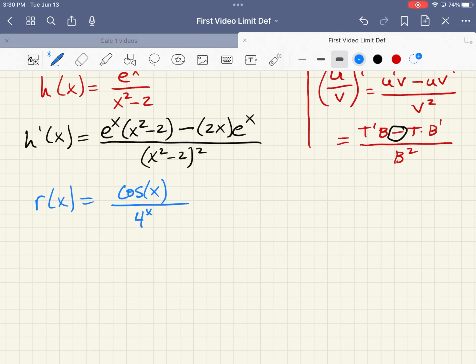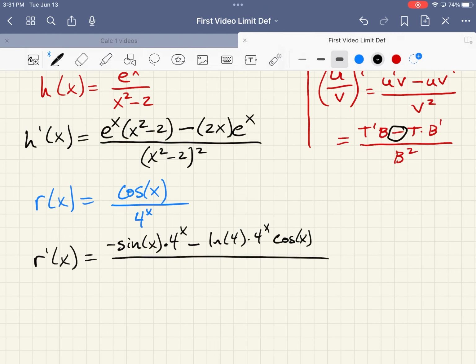All right, so hopefully you were able to get that. Let's look at how that one would work out. So we would have r prime of x. We want the derivative of the top, which is negative sine of x, times the bottom, minus the derivative of the bottom, which is the natural log of 4 times 4 to the x, times the top, all over the bottom squared. Now, in this case, you could factor out a 4 to the x.